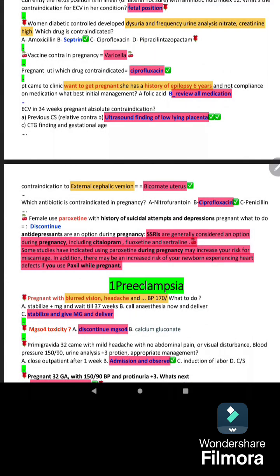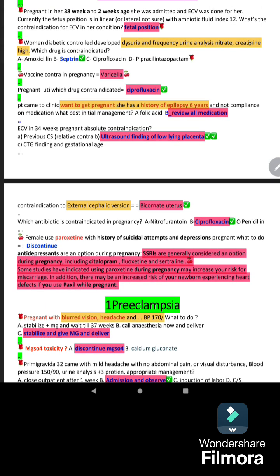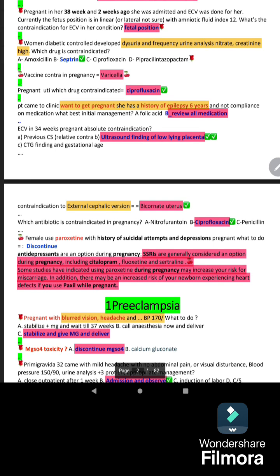Septrin is the answer, because all other drugs don't increase the creatinine level, but septrin is known to increase the creatinine level. So when you give septrin to a patient already having a high creatinine level, the creatinine level will only increase. So septrin is contraindicated in this patient.